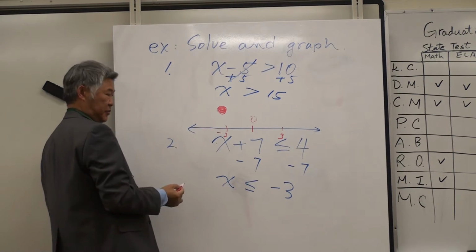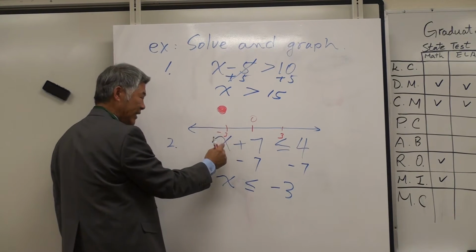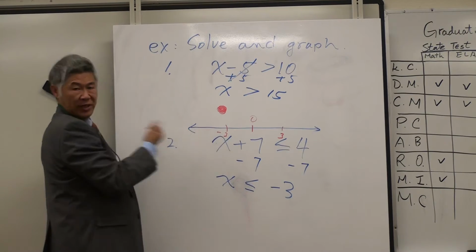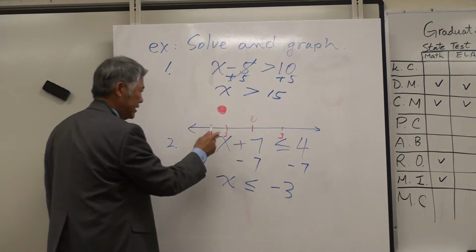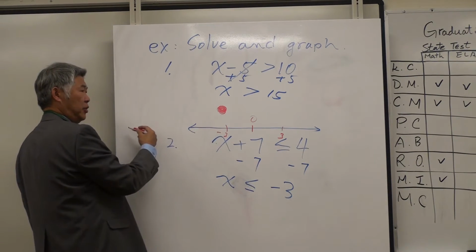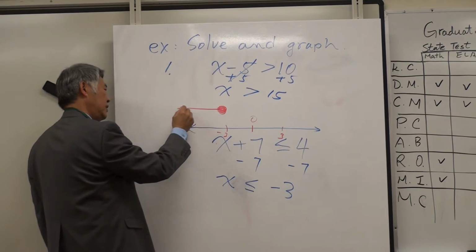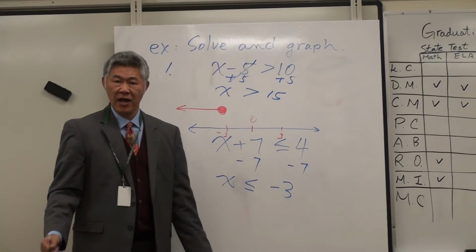That's the only difference between closed and open. You have an equal sign, you close it to mean negative 3 is included. And then less than or equal to means less than is below, right? Negative 4, negative 5, negative 6, negative 7.5, all the way to negative infinity. And that's your graph. All right.